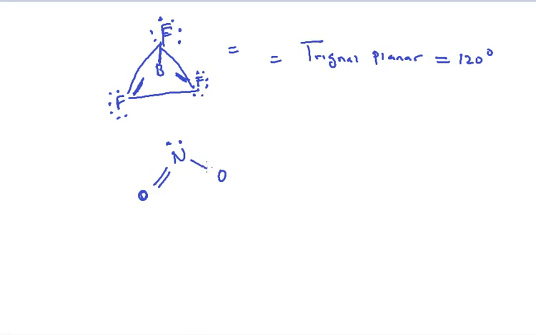Again it's 3 electron domains. That's very important: the number of electron domains matters. But among the 3 electron domains, 2 are bonding pairs and 1 is non-bonding.